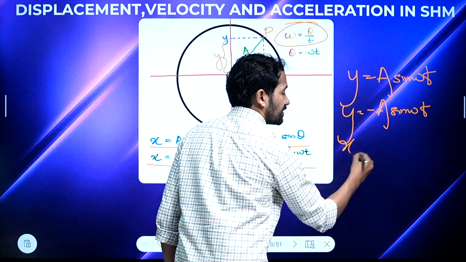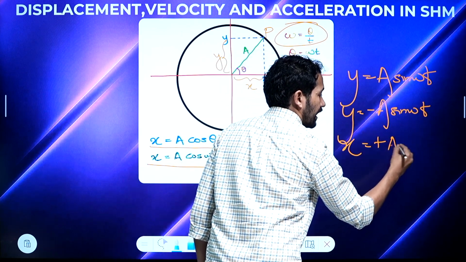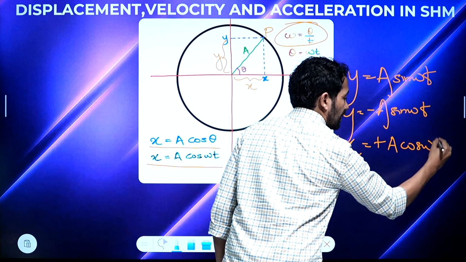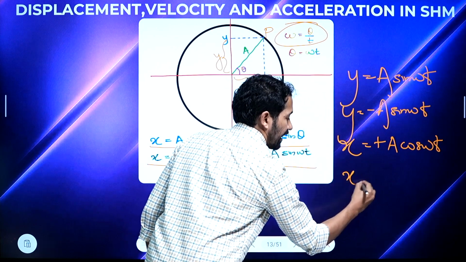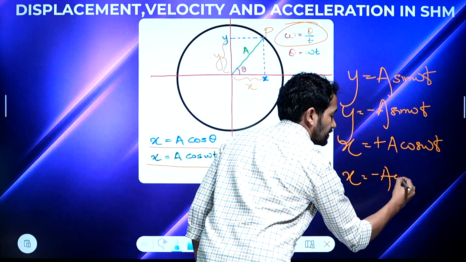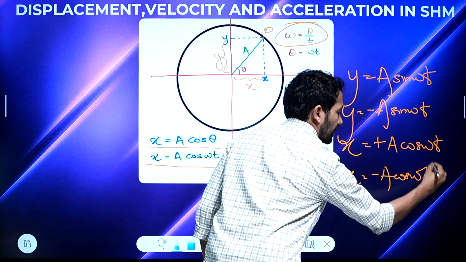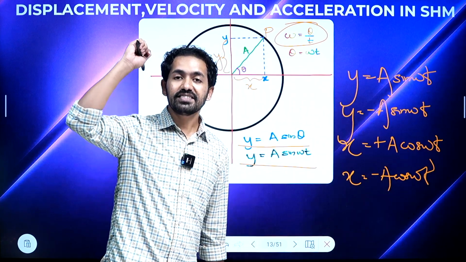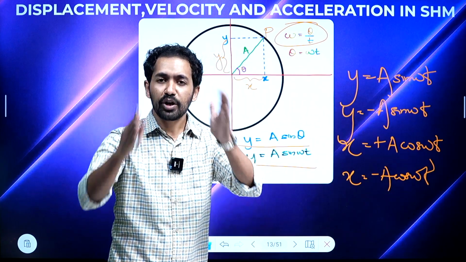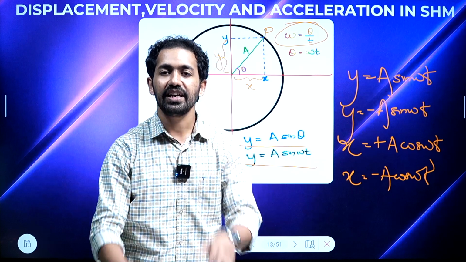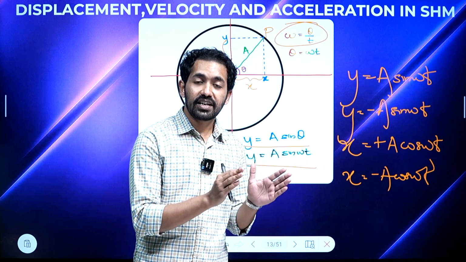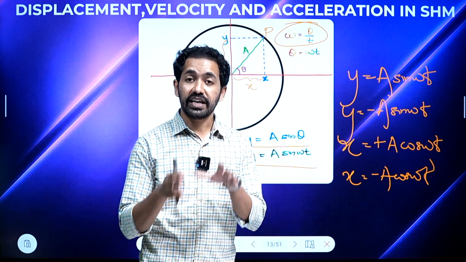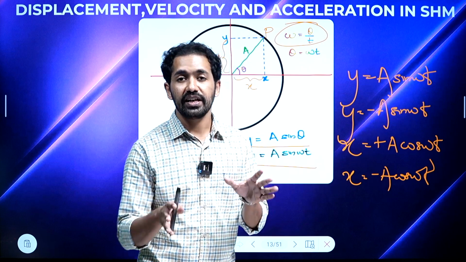Third, x equal to plus a cos omega t. And the last one, x is equal to minus a cos omega t. Whenever your particle is starting from mean position, please keep in mind that your equation is a sine equation. Whenever your particle is starting from extreme position, it is a cosine equation.